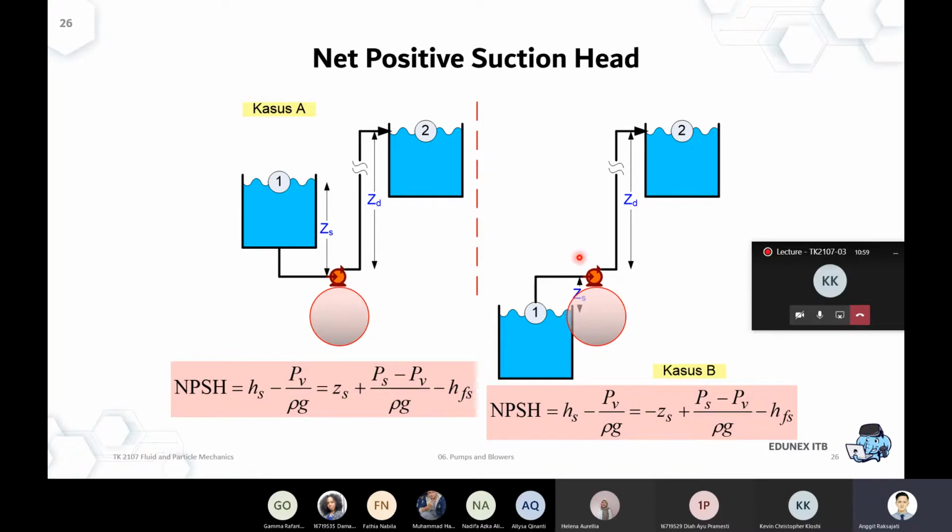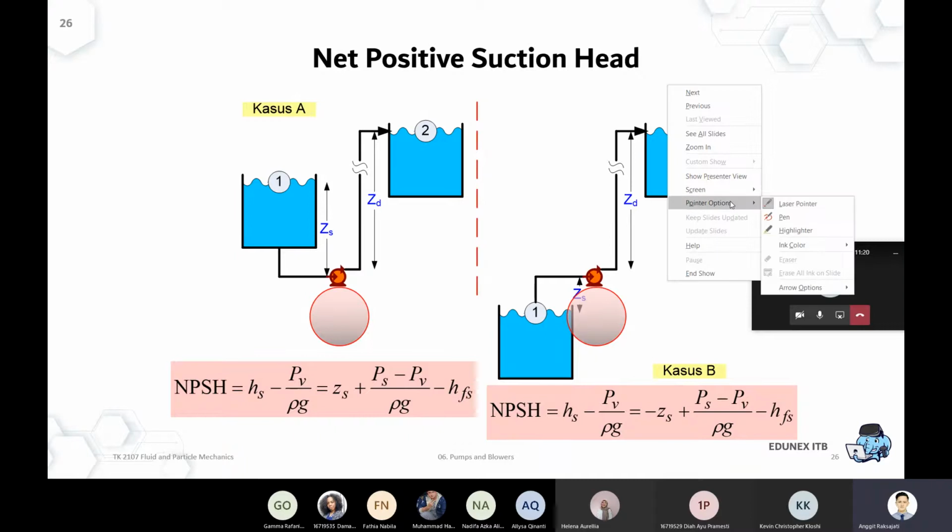But for case B, where the pump is located above tank 1, that means the elevation has to be accounted as negative Z. Okay, and it's likely to be riskier to form any vapor.